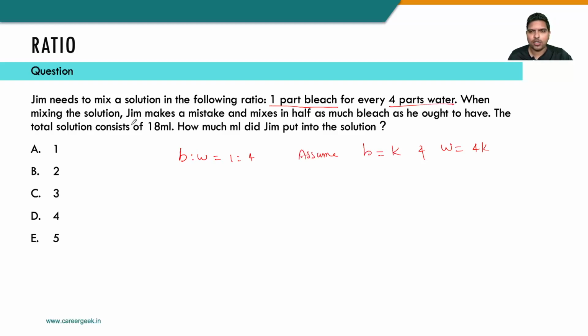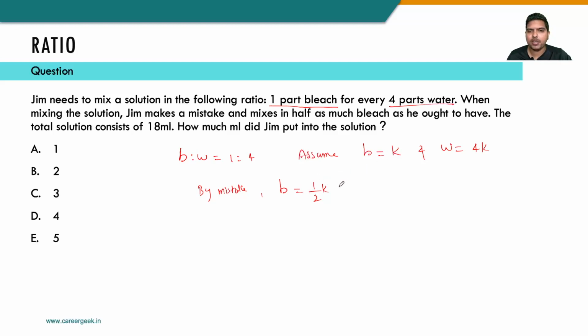While mixing the solution, Jim makes a mistake and mixes in half as much bleach as he ought to have. So by mistake, what is the quantity Jim has mixed? He mixed half of the bleach.